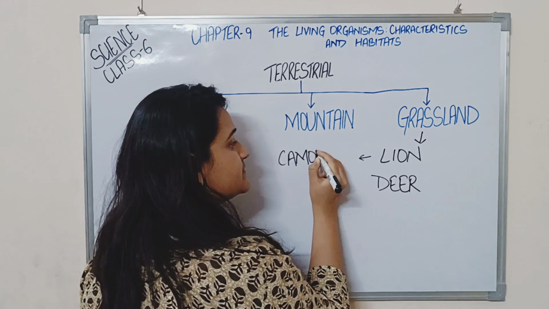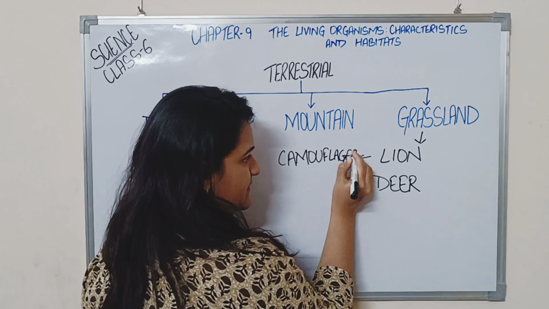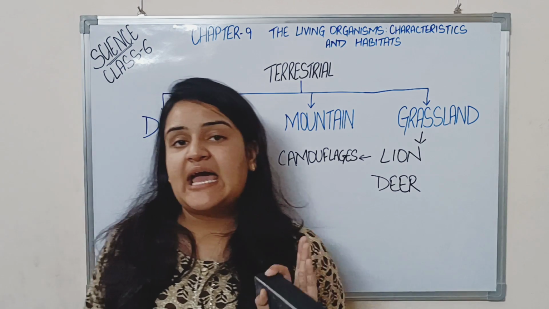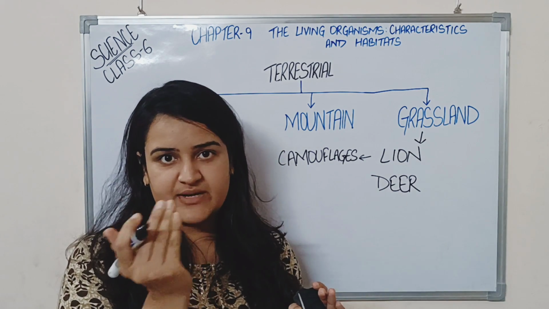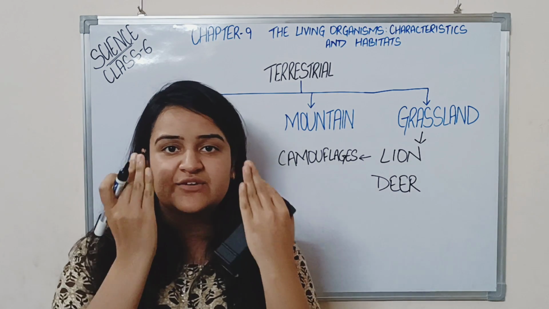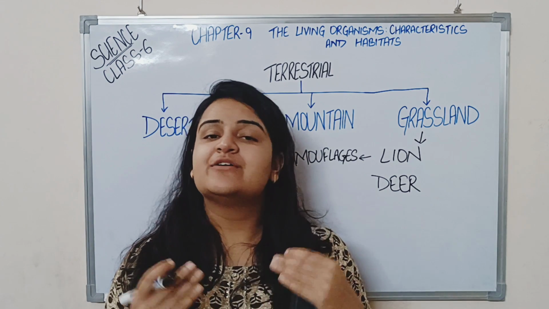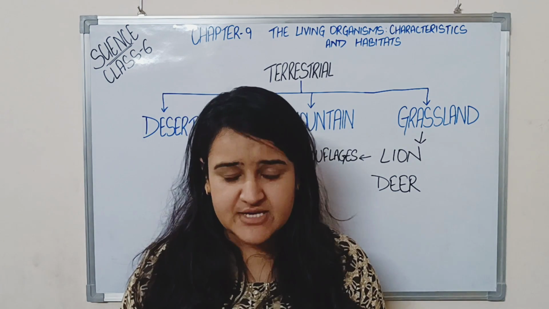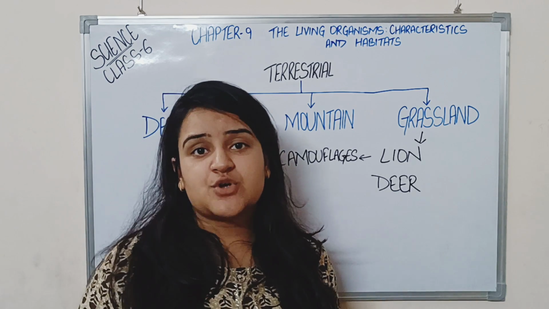Secondly, after camouflaging, lion has both of his eyes at the front of the face, right? Now, we humans also have both eyes at the front of the face. What is the purpose and use of this?